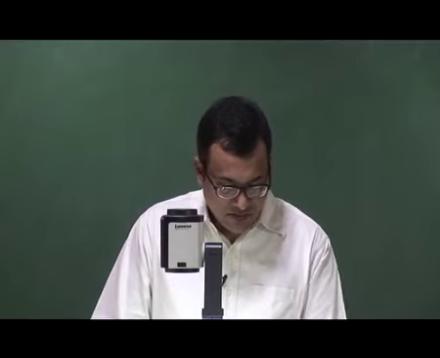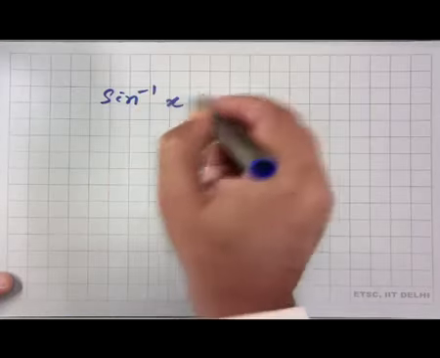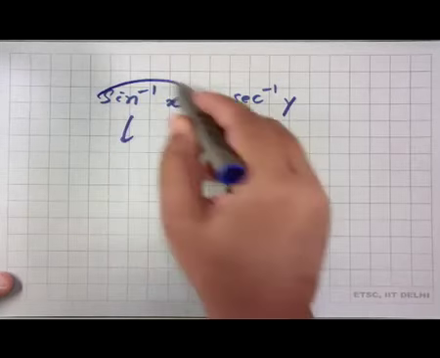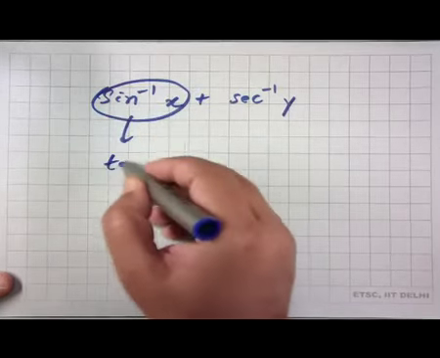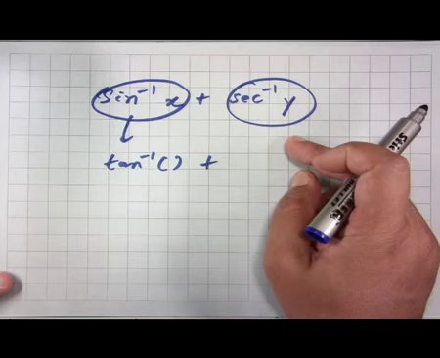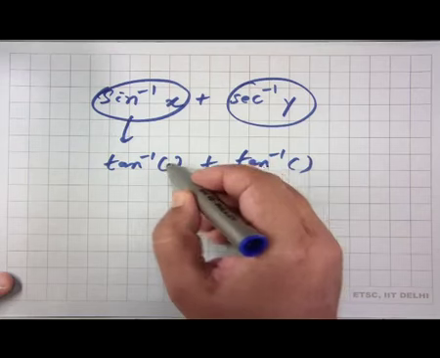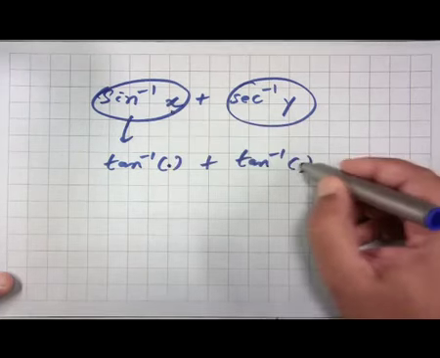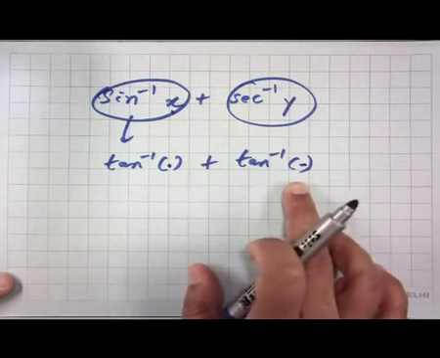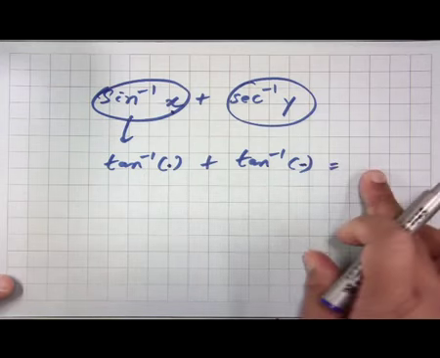The way to do that would be, as I mentioned earlier, that if we have to compute something like sine inverse x plus secant inverse y, then using the conversion formula, we convert this thing into tan inverse of some value, and using the conversion formula between tan inverse and secant inverse, we convert this to tan inverse of some other value. Note, of course, that this value here is a function of x, and similarly this value here is a function of y. And then we can use the tan inverse A plus tan inverse B type formula to write this in terms of tan inverse of some other value.